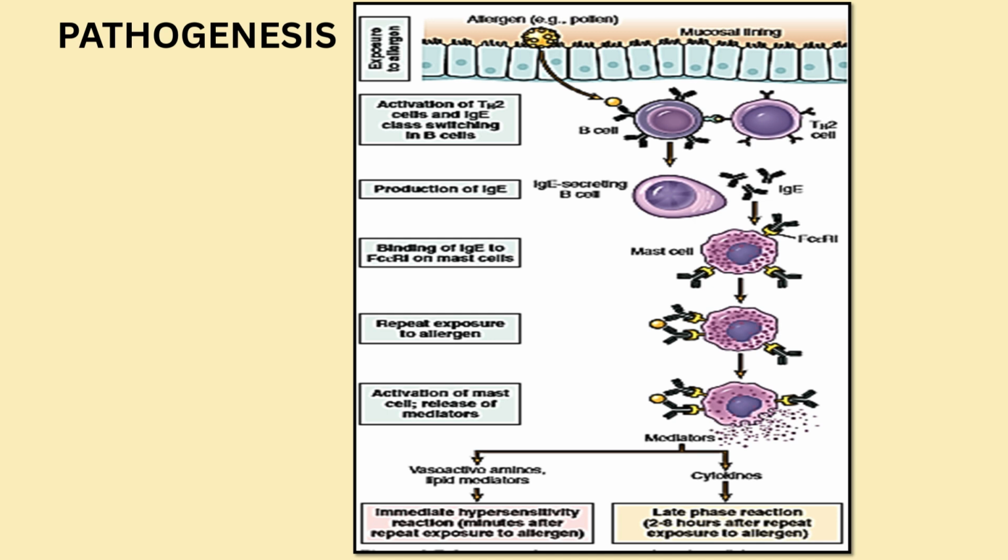Now there is a repeat exposure, that is, the host has again come in contact with the allergen. As soon as the exposure occurs, there is activation of mast cells, and there is release of mediators. These mediators can be vasoactive amines or lipid mediators, which cause immediate reaction, or it could be cytokines which will cause late reaction.